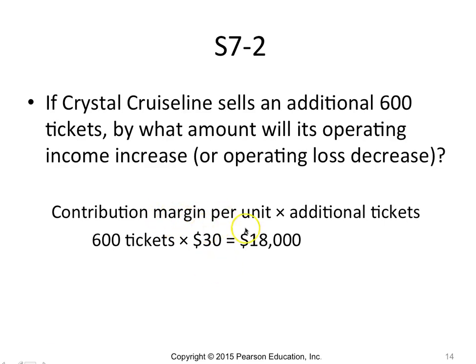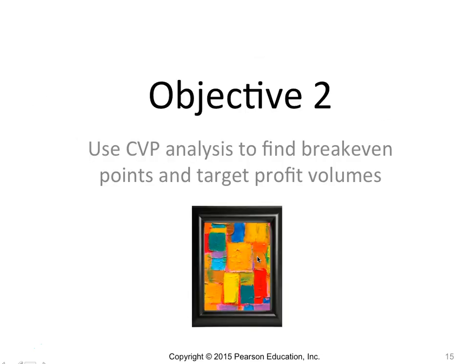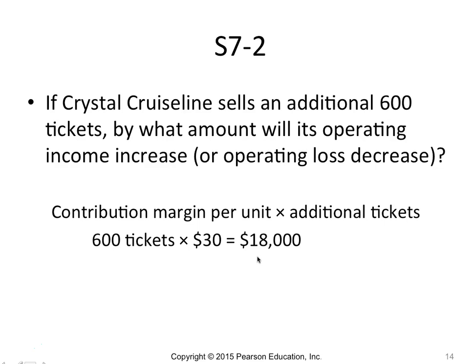So contribution margin per unit times the additional tickets is 600 tickets times $30, which is $18,000. So when we have this additional and fixed cost doesn't change, then an increase in contribution margin directly increases our operating income.